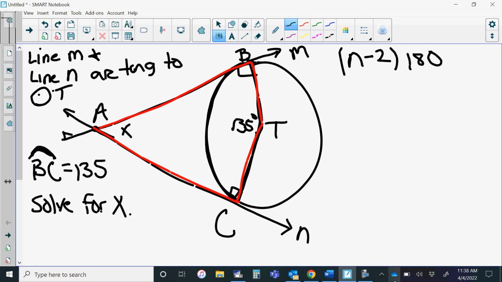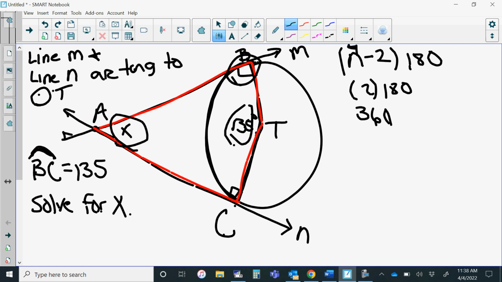4. 4 minus 2 is, so does everyone understand how I got 2? That was a 4. 4 minus 2 is 2. 2 times 180 is 360. That means this angle plus this angle plus this angle plus this angle all have to add up to 360.